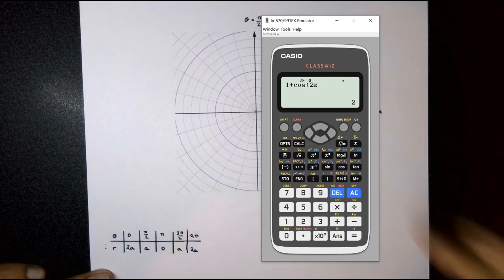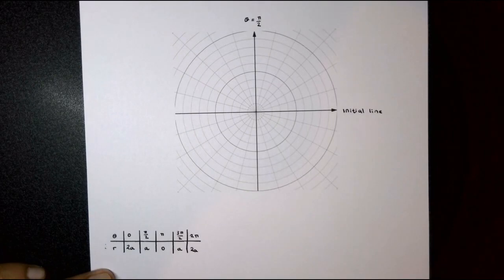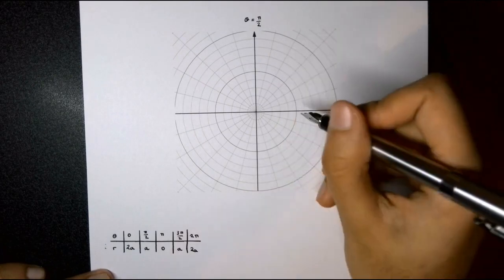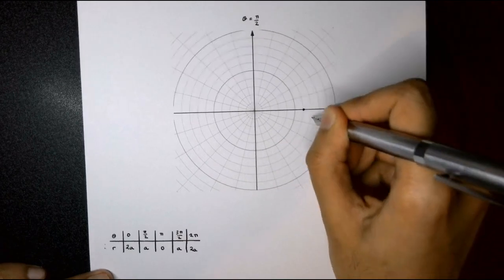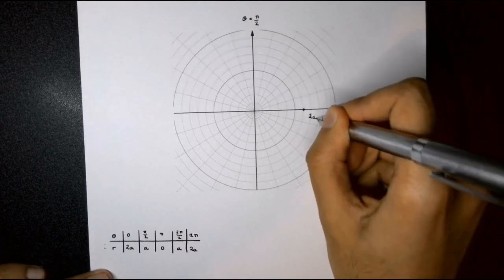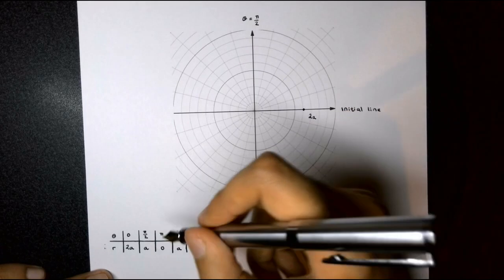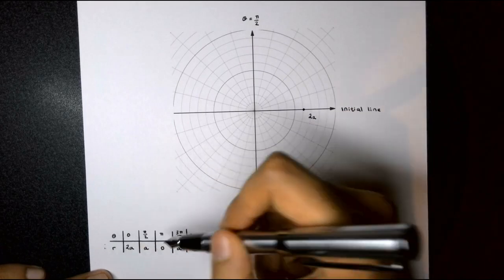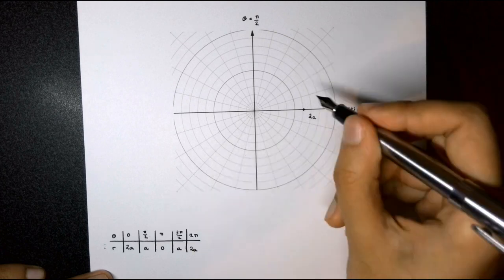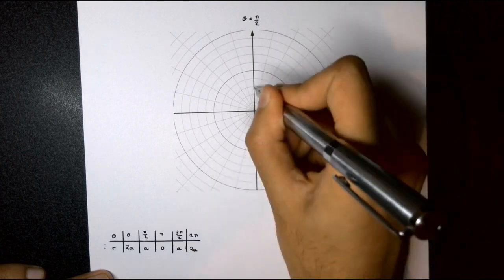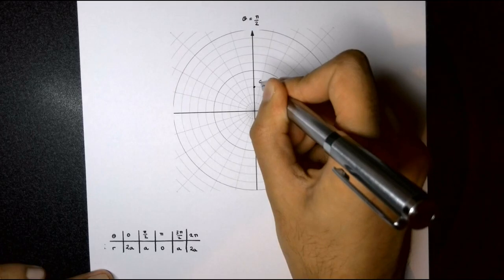So if we take a look at our polar diagram, we have 2a over here, that's when theta is equal to 0. Then at theta equals pi over 2, we have a, so that's over here.